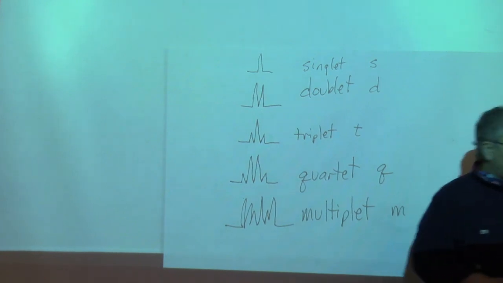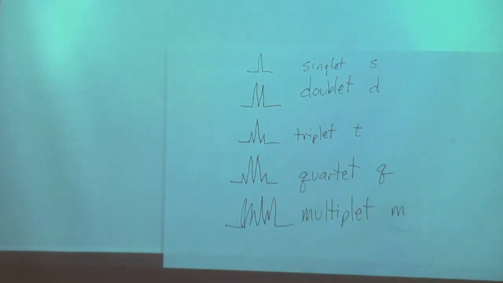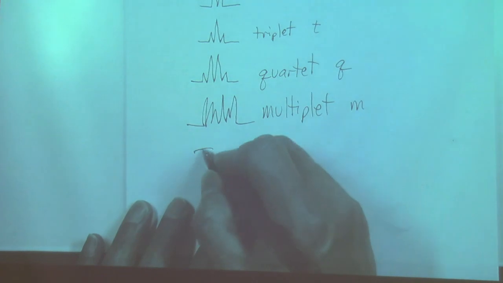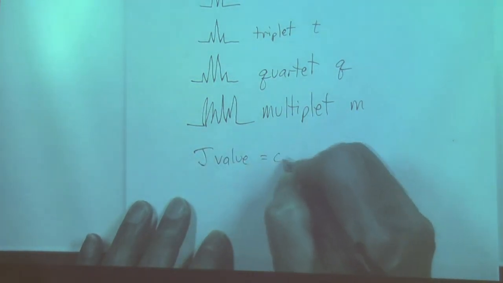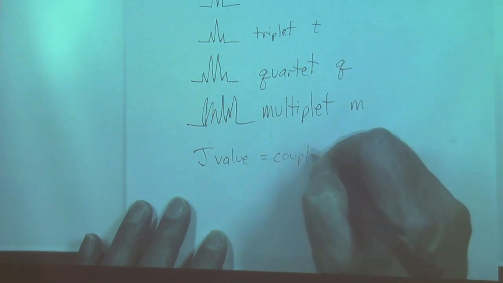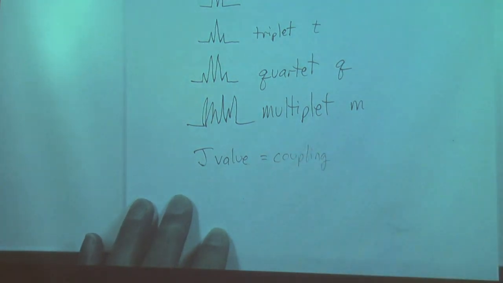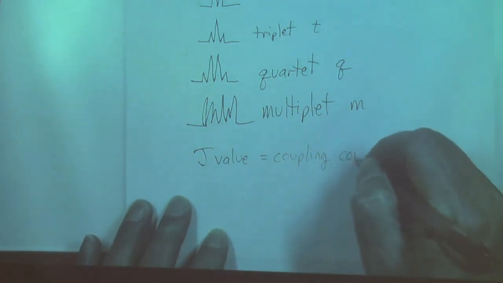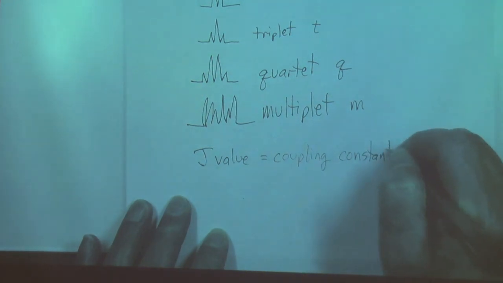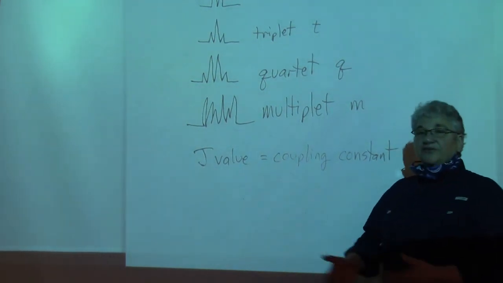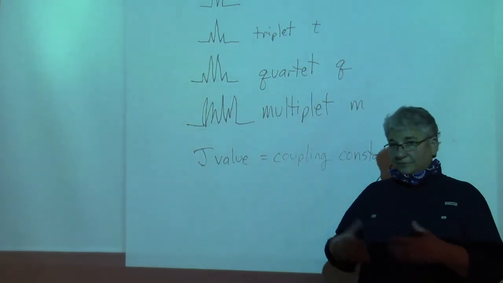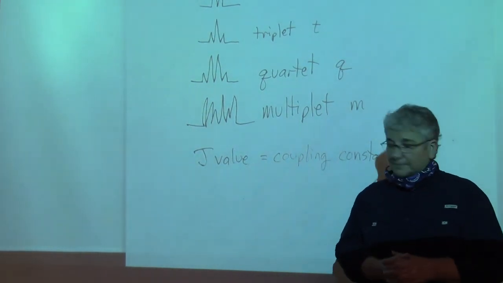There is something called a J value, which is the same thing as a coupling constant. J values are something that you can measure from your NMR spectrum.